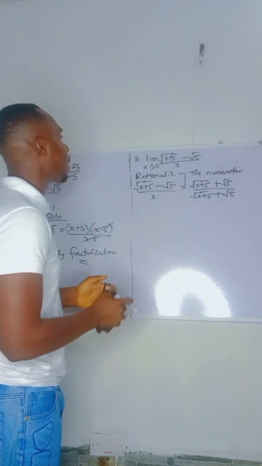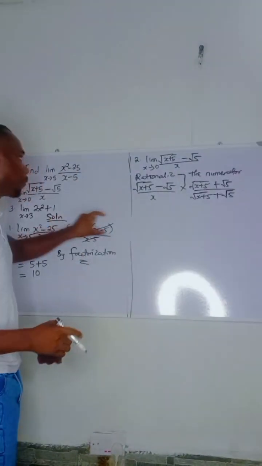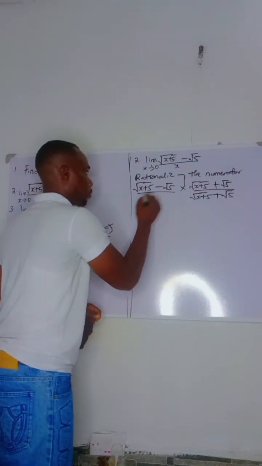So what do we do? We multiply. If we multiply this, it's just looking like this as the difference of two squares. We take the first and the last term.